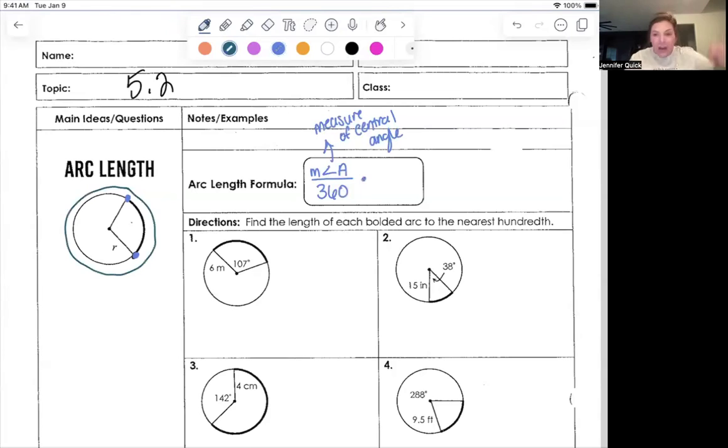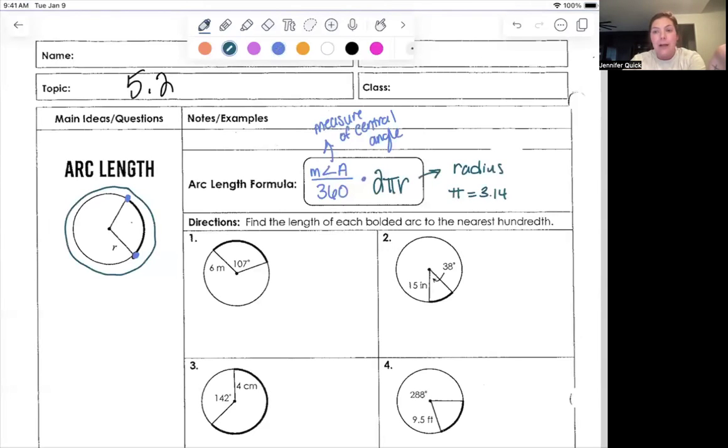The circumference. So if I wanted to know, if I cut a circle and laid it out flat, the measure of that would be 2 pi r. Okay, that's the circumference formula. So 2 pi r. R in this case being the radius, pi being 3.14.